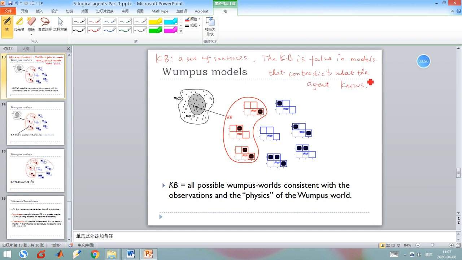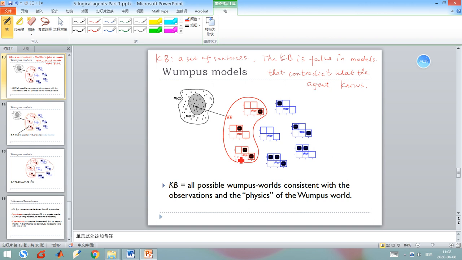For example, the KB is false in any model in which square 1,2 contains a pit, because there's no breeze here.